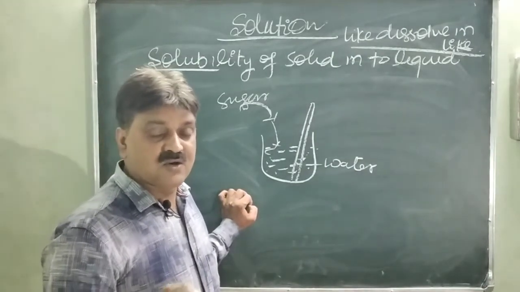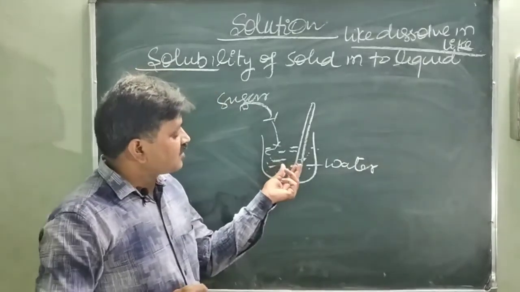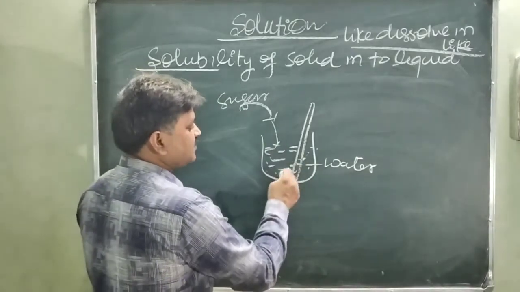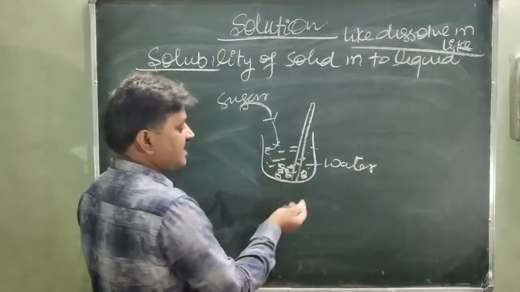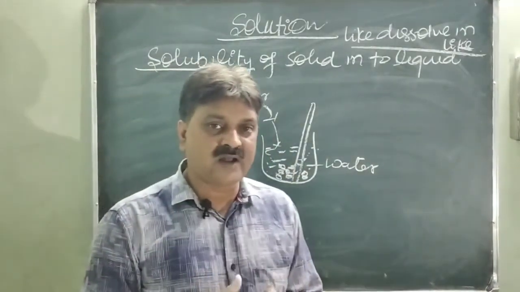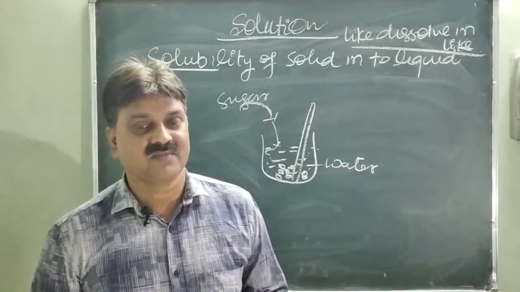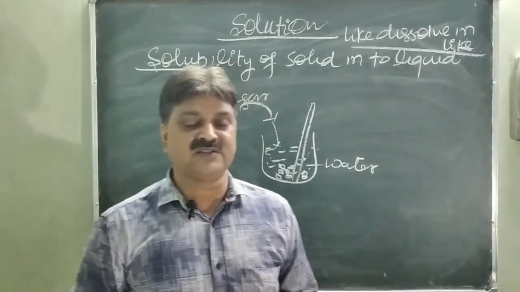Now the solute particles collide and crystallize. After some time they separate out as crystals, and an equilibrium exists between the dissolved particles of the solute and the undissolved particles in the solution.